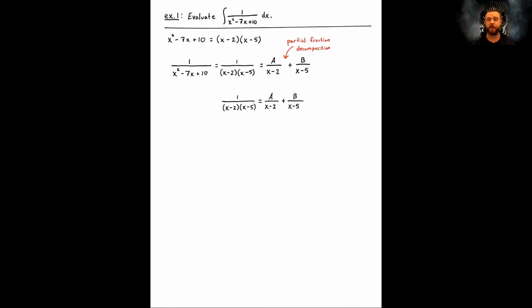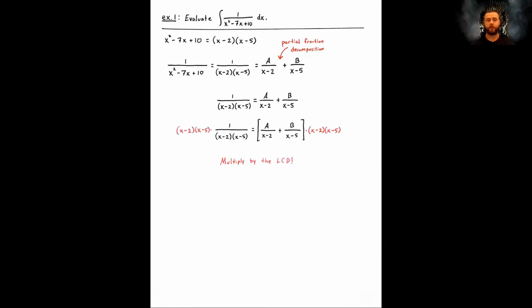The right side of the equation will be the side with the partial fractions. Now we're going to multiply both sides by the LCD, which is x minus 2 times x minus 5. I'm taking my time so the algebra isn't coming out of nowhere.